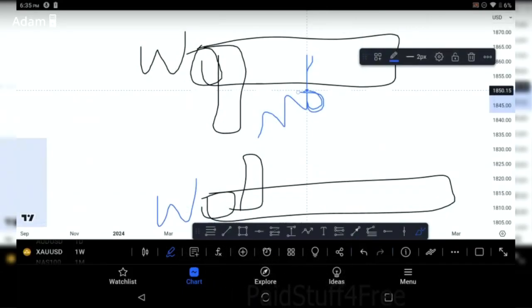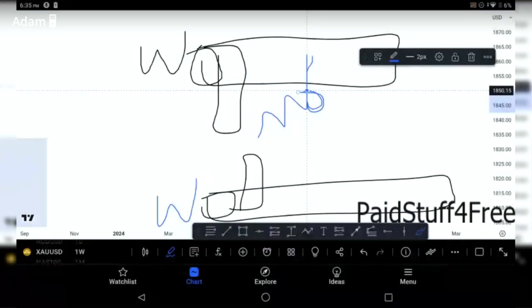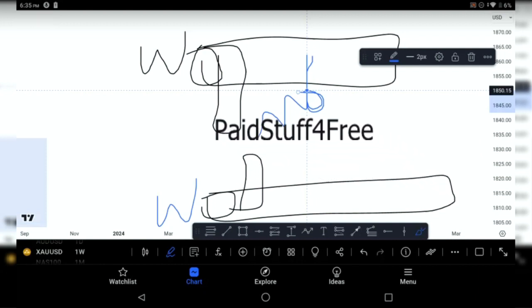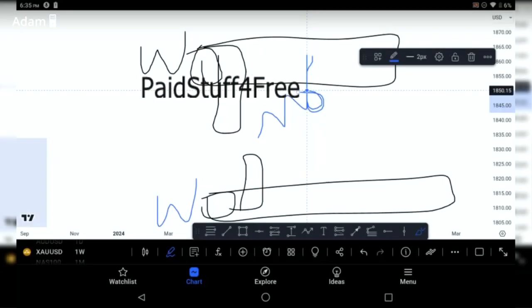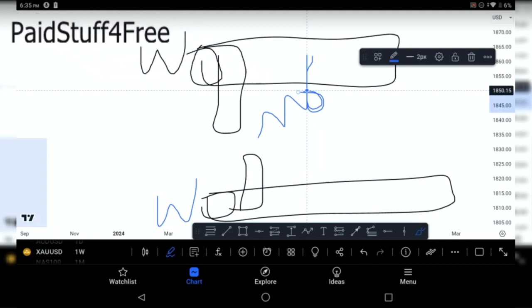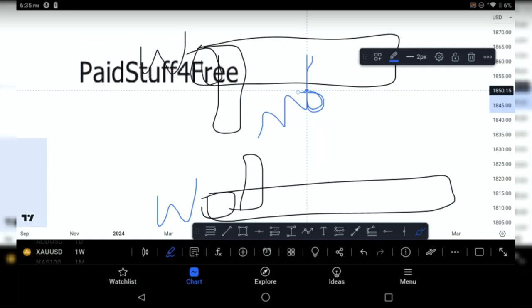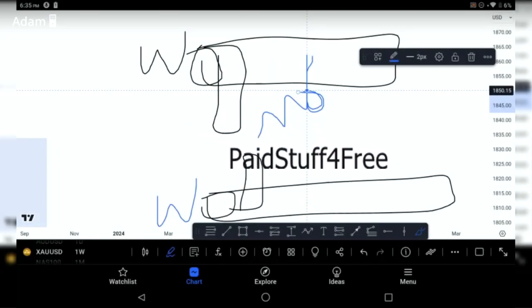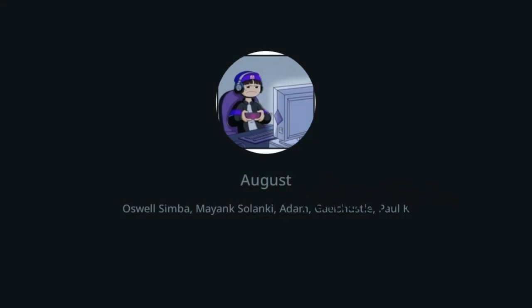Now, whatever I need to see on a daily time frame is a daily engulfing sell as a one time frame confirmation. Now, that daily engulfing sell is telling me that all the time frames have all aligned up until 4 hours, and 4 hours was able to break its structure.